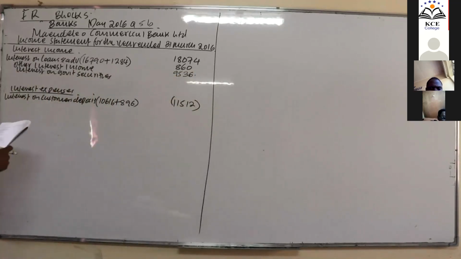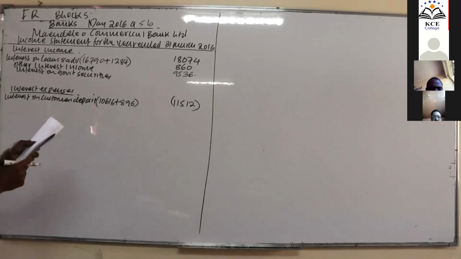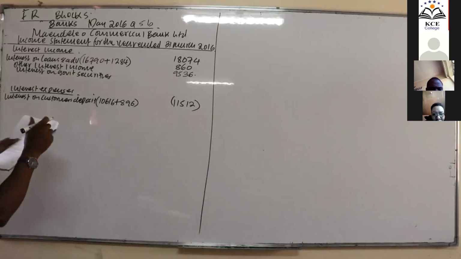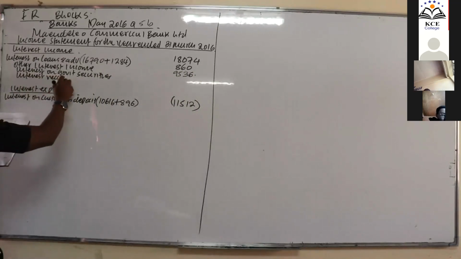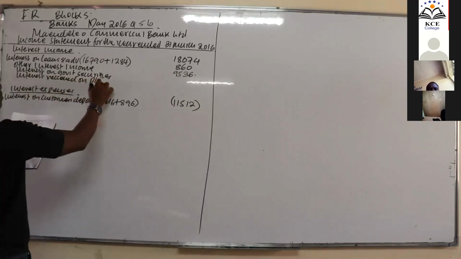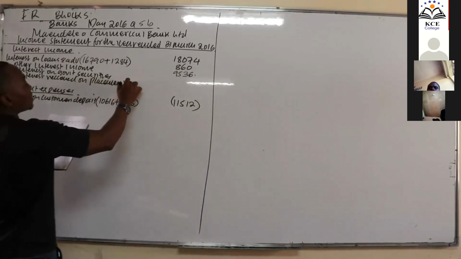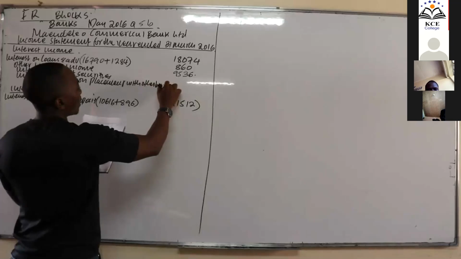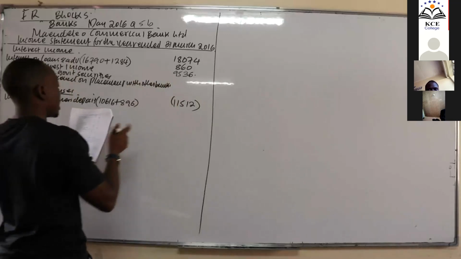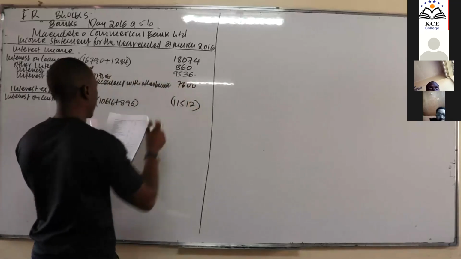Then we have interest received on deposit and placement with other banks, an amount of 76.